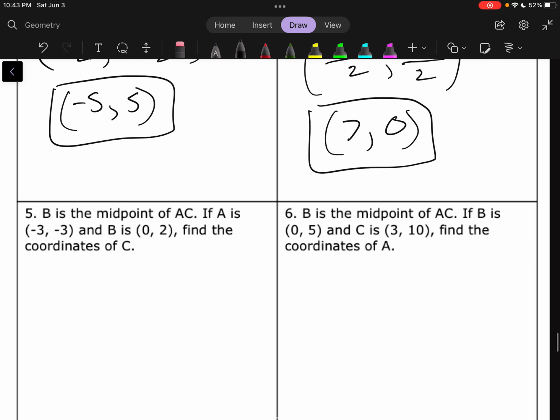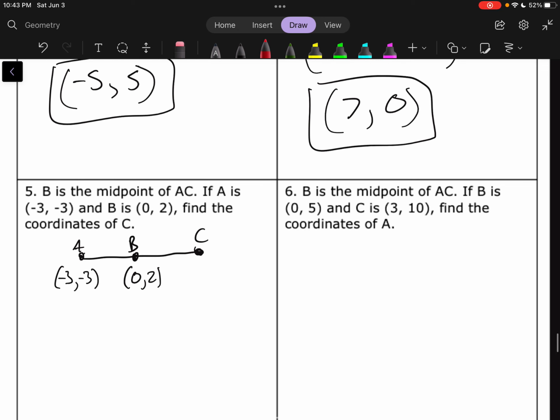Number 5 wants us to find the other endpoint here, right? We got A, C with B in the middle. Let me show you the pattern way again. I think this can be pretty fast if you can spot it. To get from -3 to 0, you add 3.